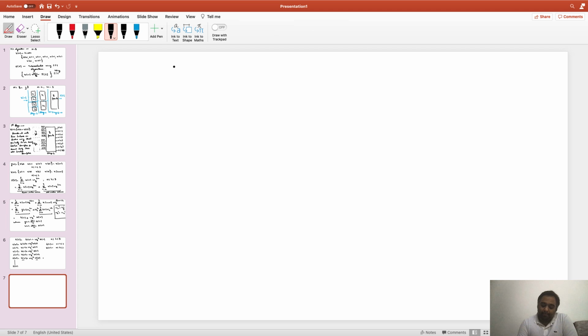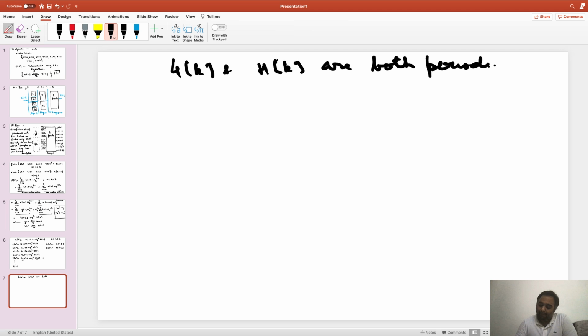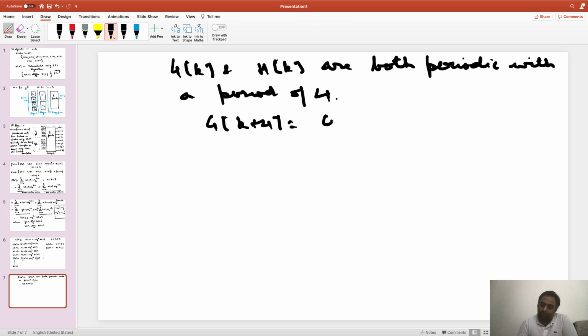We also know the solution to this is as follows. We know that Gk and Hk are both periodic with a period of 4, which means that G[k+4] is basically Gk. We know that H[k+4] is Hk.